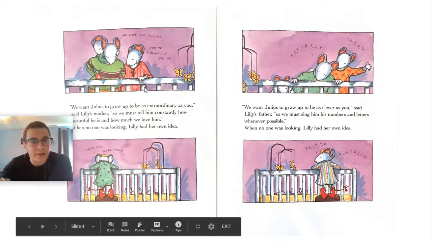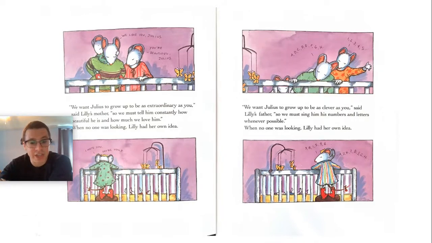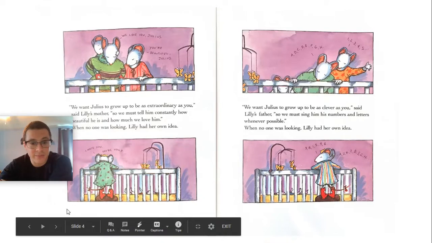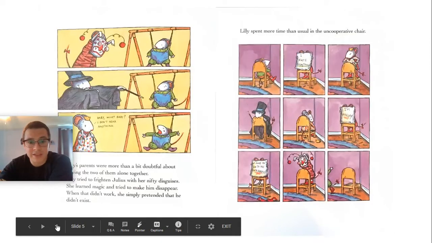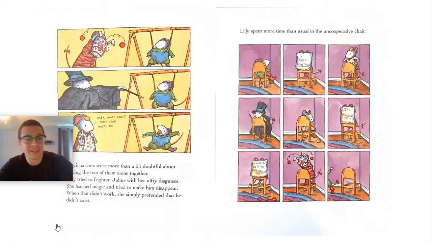But meanwhile, her parents are giving Julius lots and lots of attention. And Lily just went from having all of her parents' attention to having to share it with her baby brother. So the problem in this story is that Lily is jealous of all of the attention that Julius is getting.